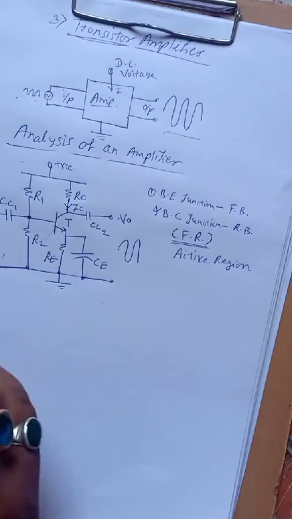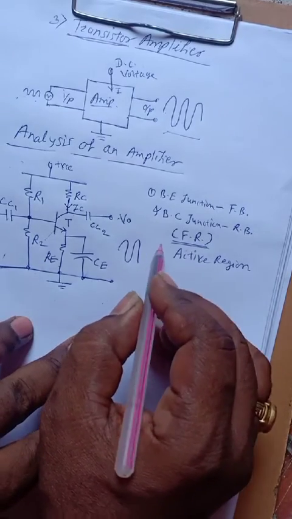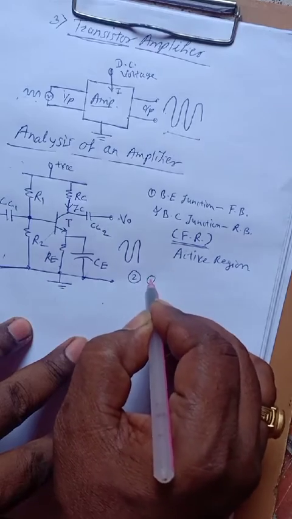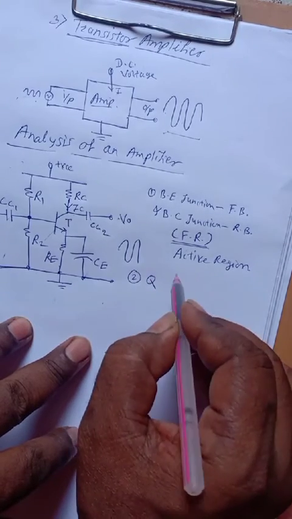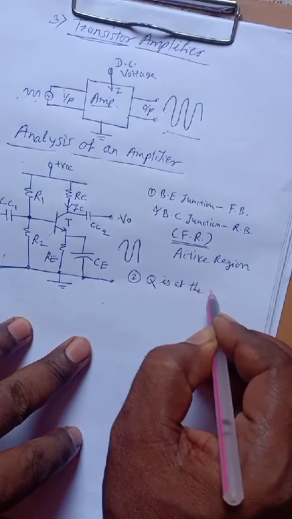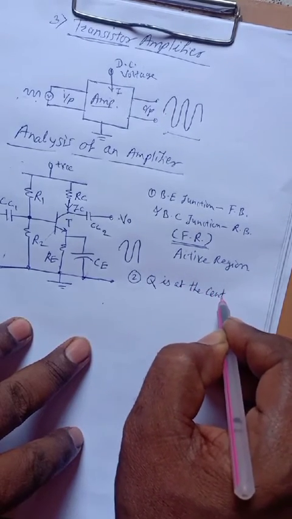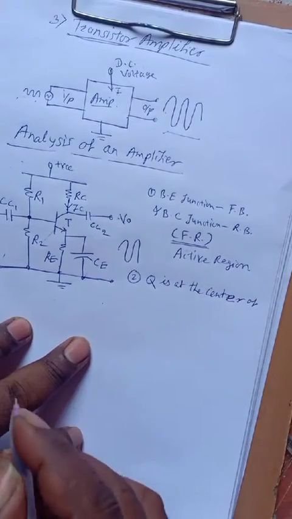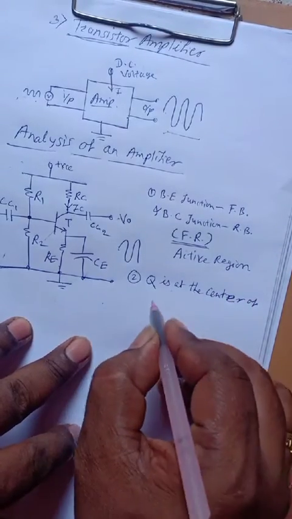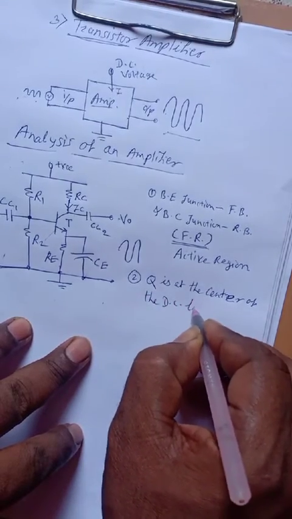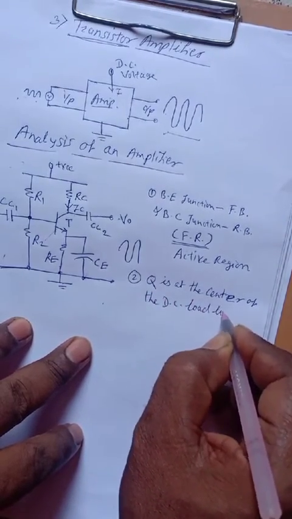Okay, let us see. Then second requirement is, whatever the operating point Q is, it is at the center of the DC load line.